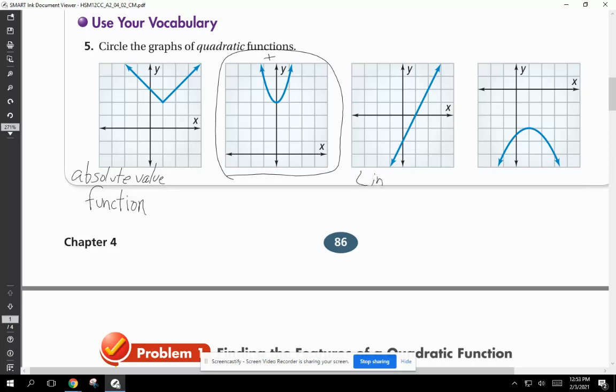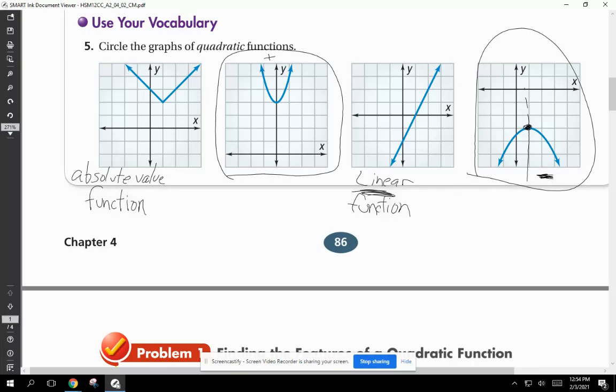It's a linear function, right? Linear means straight line. And number 4, Mitchell, is that a quadratic function? Yeah. This is a negative one. Here's the vertex. Here's the AOS. And this is a negative sign here.